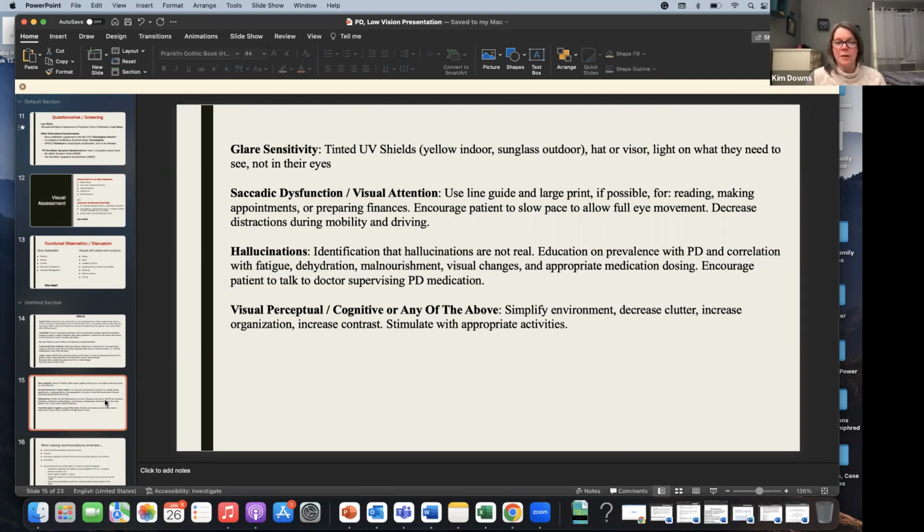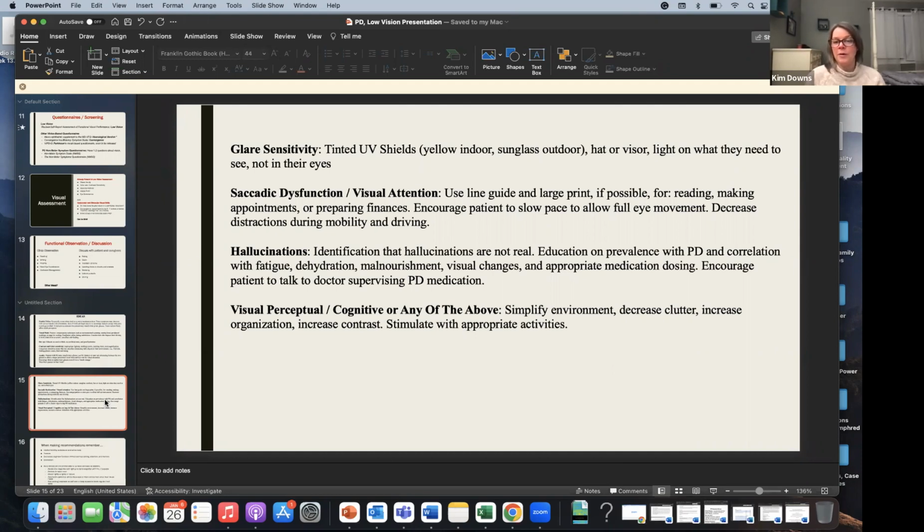Hallucinations can be tricky to work with. Of course, we want to identify that hallucinations are not real. We also want to educate on the prevalence of hallucinations with Parkinson's disease and how they happen more frequently when people are fatigued, dehydrated, malnourished, if they have other visual changes, or if their medication dosing is very high or very low.